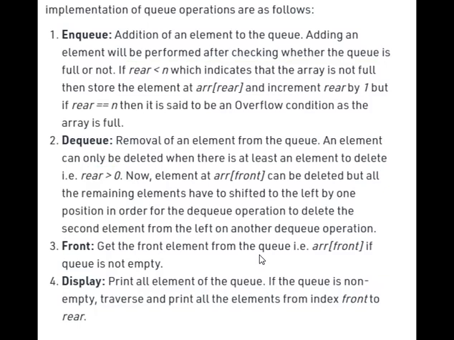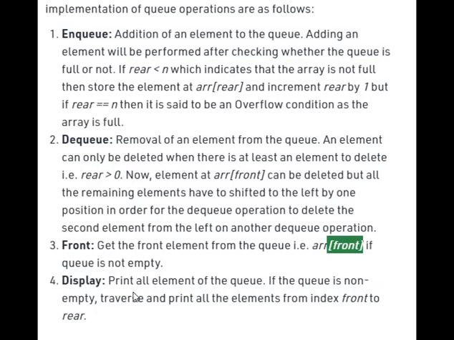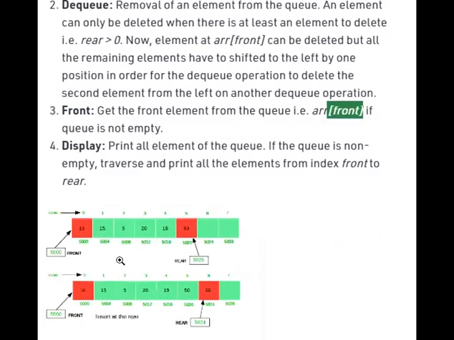Front means the array's front element of the queue, if the queue is not empty. Then display, we have to display the elements. The memory space for the queue is allocated this way. Rear means we insert elements through the rear part, one by one.